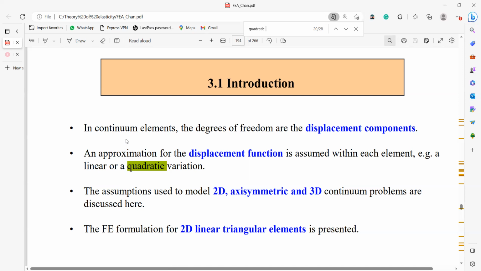So it's better to focus on that region and take up a quadratic variation so that you get all the displacements. The more the number of nodes, the more displacements you can capture.